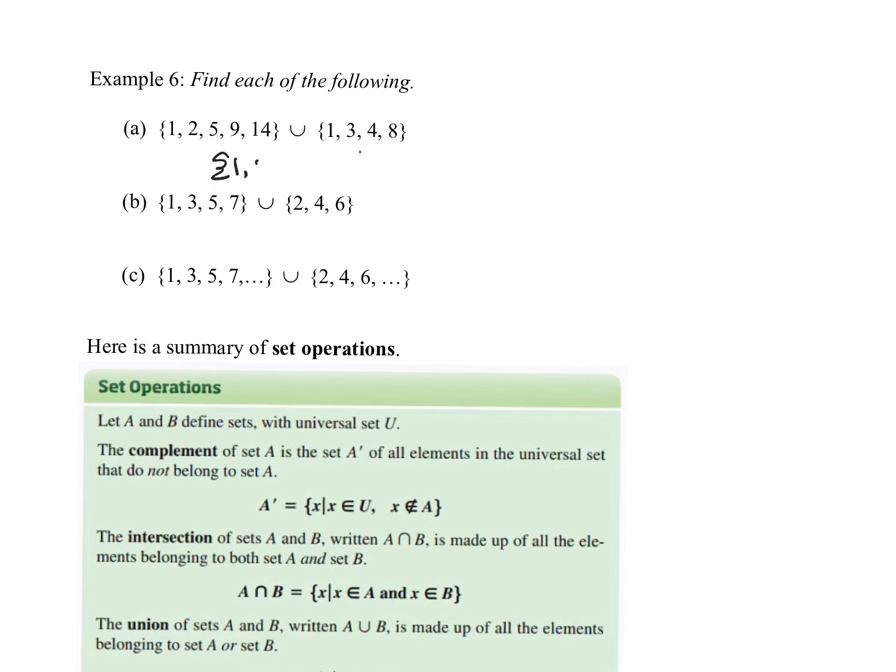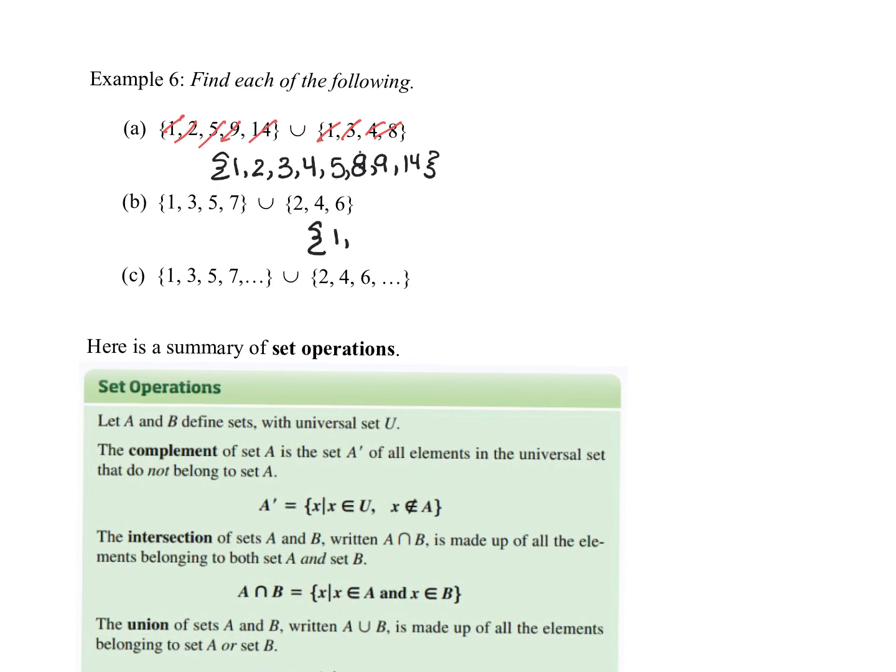So 1, 2, 3, 4, 5, oops, forgot 8. Sorry, 5, 8, 9, 14. You don't have to write them in order. I just always do, it makes it easier. So I have 1, 2, 3, 4, 5, 8, 9, and 14. So there's your answer.